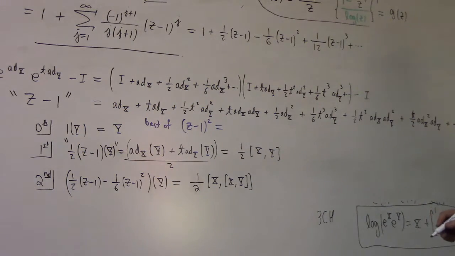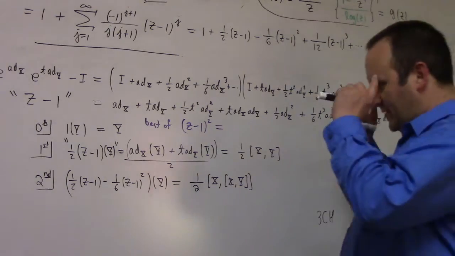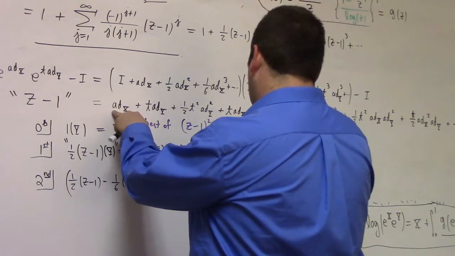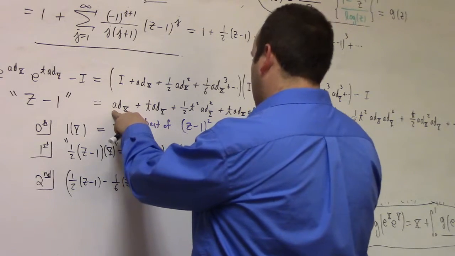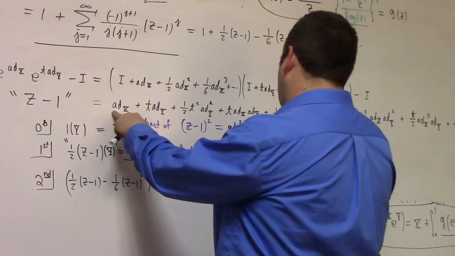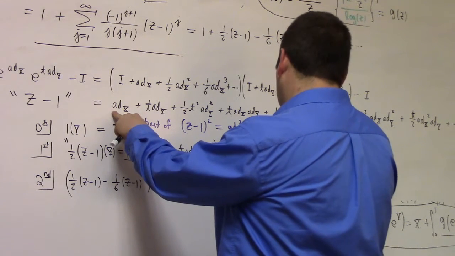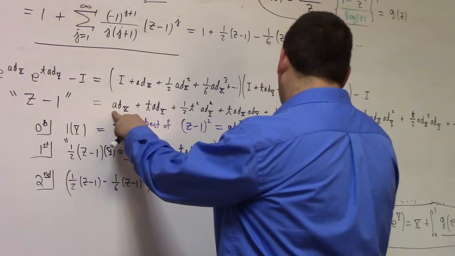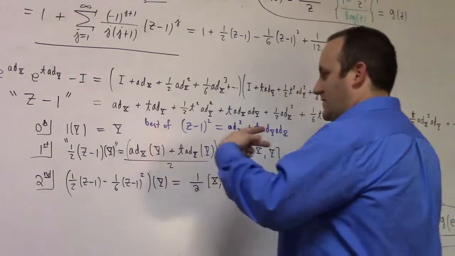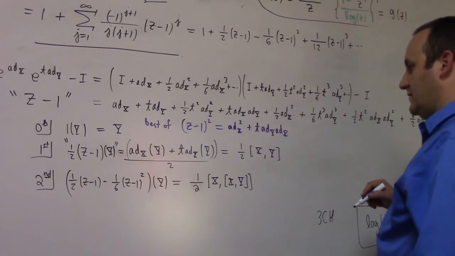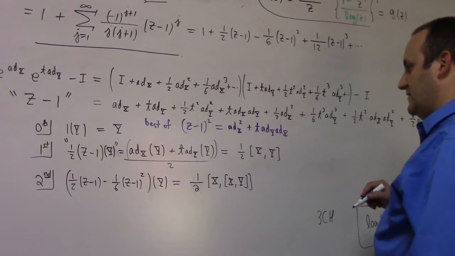Greatest hits. If you think about squaring this in your mind, of course you've got ad x squared, right? And then you've also got t ad y ad x. You also have ad x ad y, but you don't count that, that's dead to us. That's about it to second order.